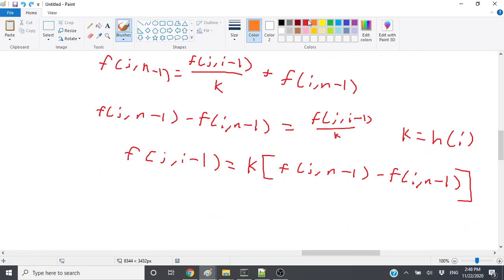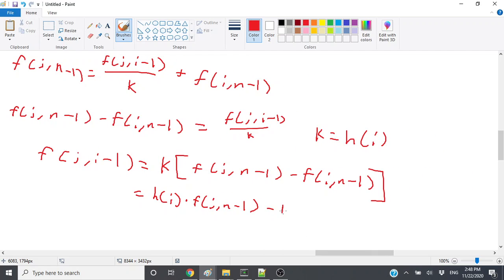So we'll represent it like this, and then we'll say h of i times f of j to the m minus 1 minus h of i times f of i, n minus 1. So constant, constant. This is the only thing that depends on j.